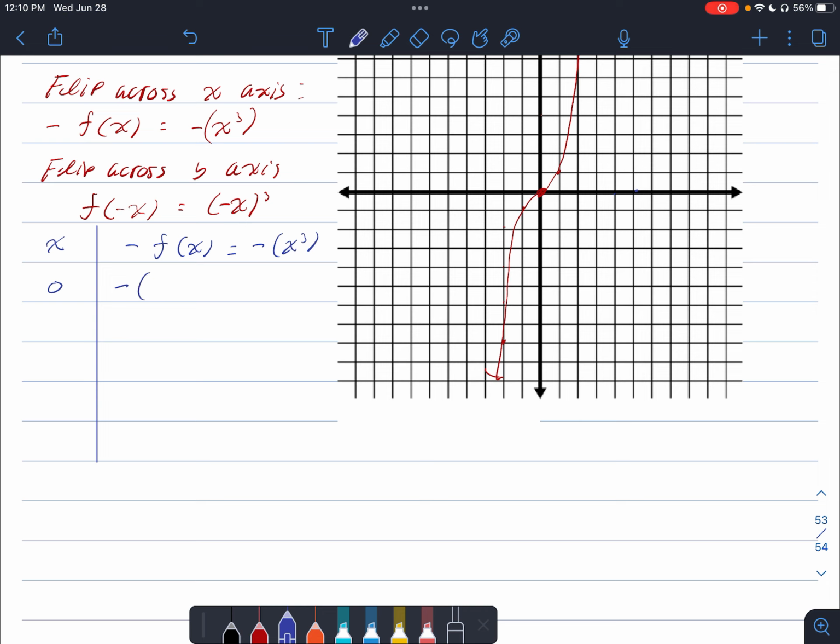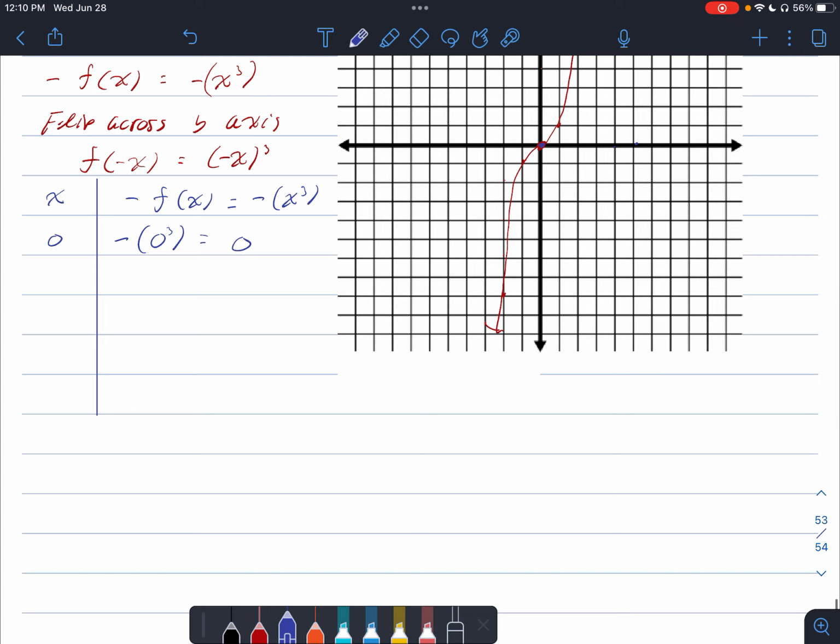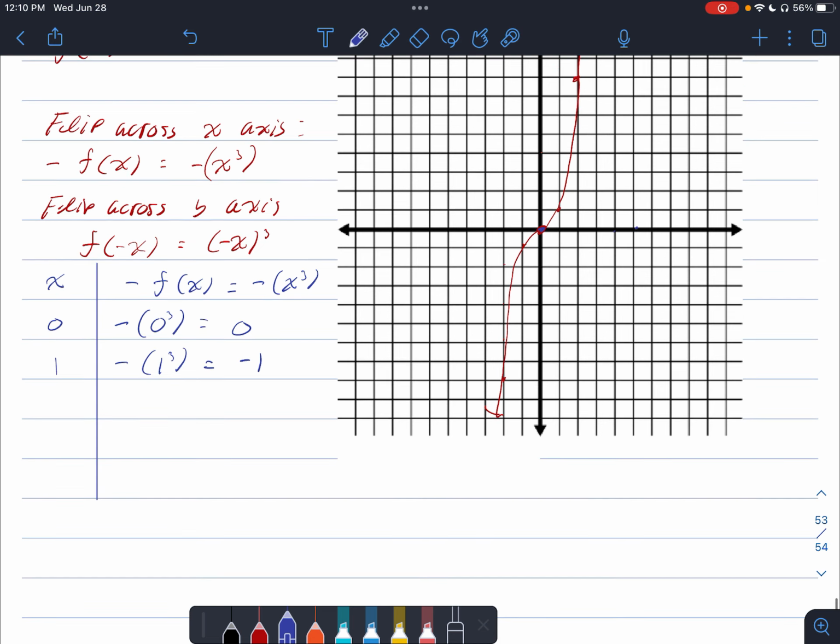So we'll have negative 0 cubed, which is just 0. So the point 0, 0 is going to stay where it is. Okay, let's do 1. So we'll do negative 1 cubed. So the negative of 1 cubed. And 1 cubed is just 1. So we'll have negative 1. So 1 is going to go to negative 1 now.